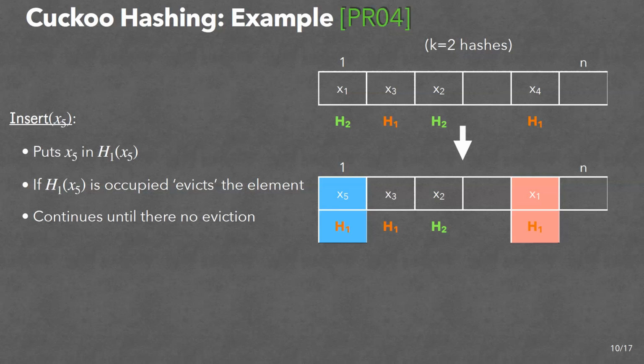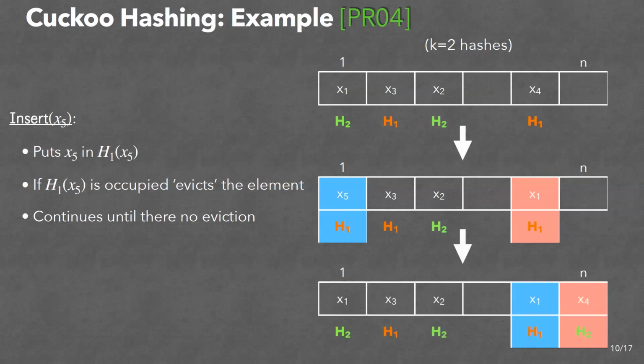If this is the case, then x5 evicts the previous element. For the previous element, we use the opposite hash function to indicate the next position of the element that was evicted. So for example, if x1 that was evicted was using h2 to go to its corresponding position, now we are using the opposite hash function, h1. We continue like this until there are no evictions. This is a high-level overview of the idea of cuckoo hashing.